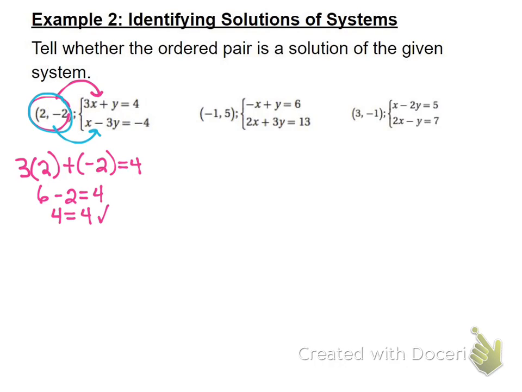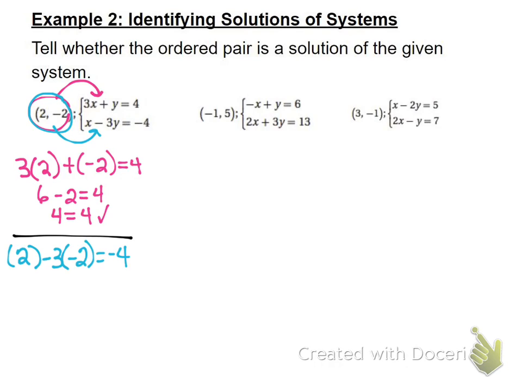Okay, so now we've got to look at our second system and see if this ordered pair is a solution for it as well. So again, what do I substitute for x? So I'm going to write 2 minus 3 times negative 2 equals negative 4.